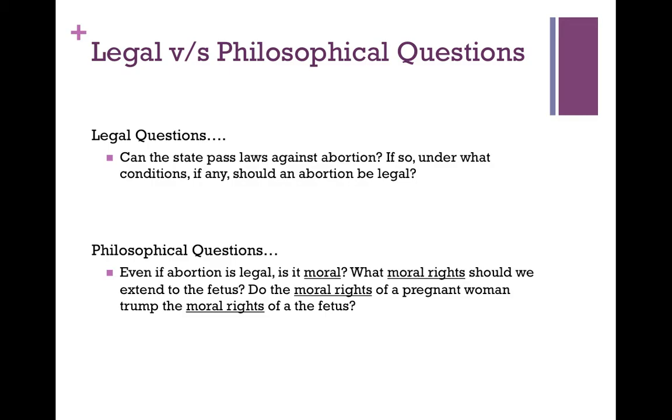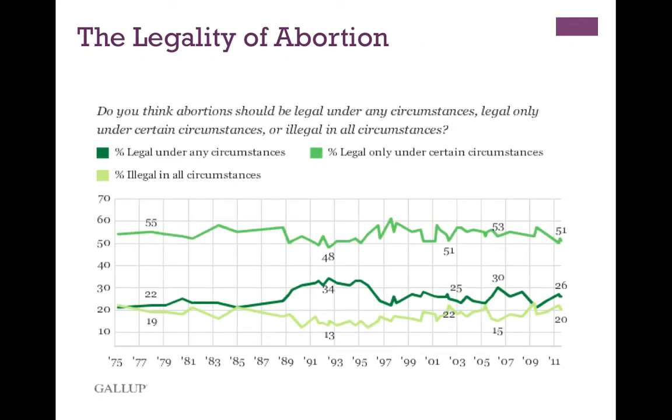And just to show you something that I think is kind of interesting, we look at some Gallup polls here, and you notice this line right here. The question is, do you think abortion should be legal? And they give you three options: legal under any circumstances, legal only under certain circumstances, or illegal in all circumstances.